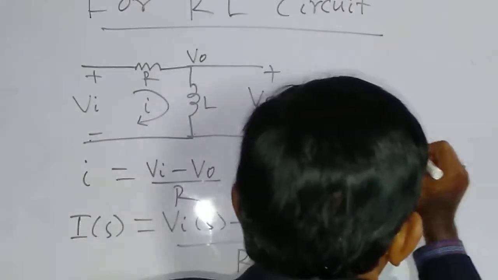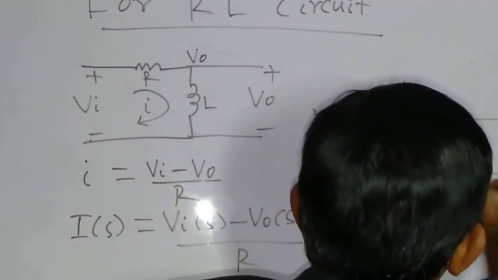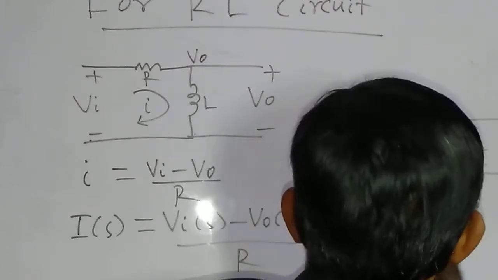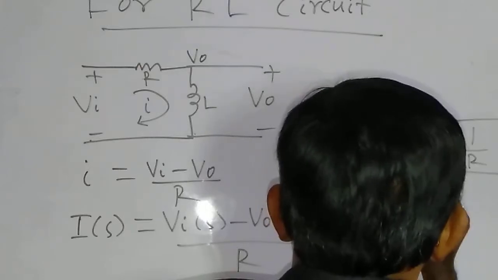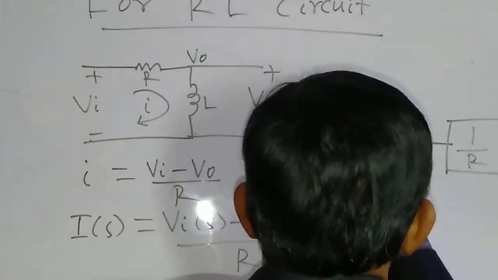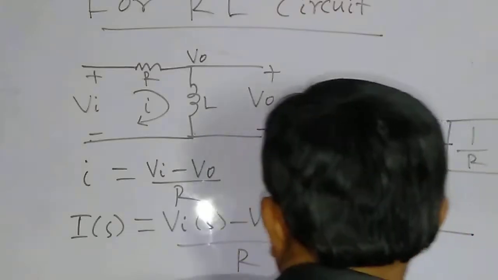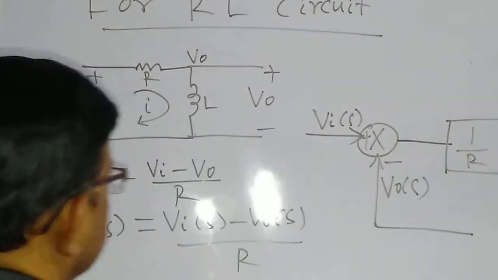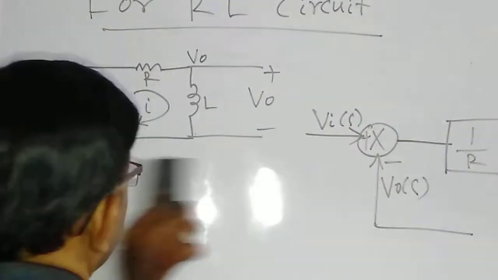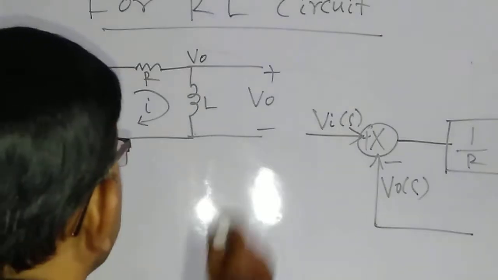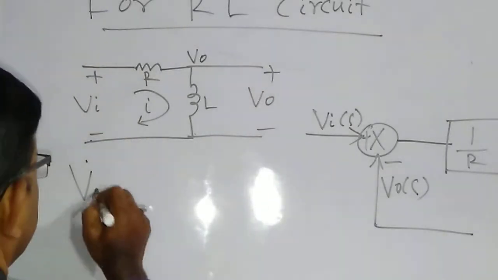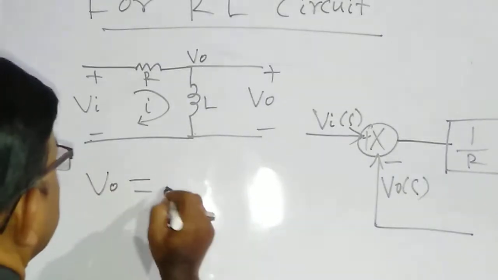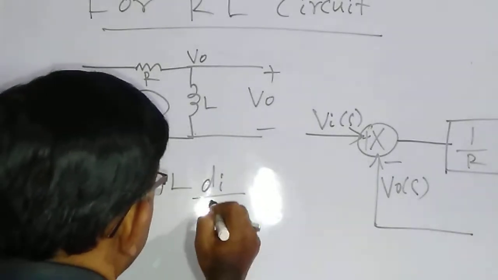Now we can represent this by a block diagram. So this is the block diagram: Vi of s, this is 1 by R, I of s. So this is V naught of s, minus, here is plus. So this is the block diagram representation of this differential equation. So now we can find out the output voltage V naught is equal to L di by dt.